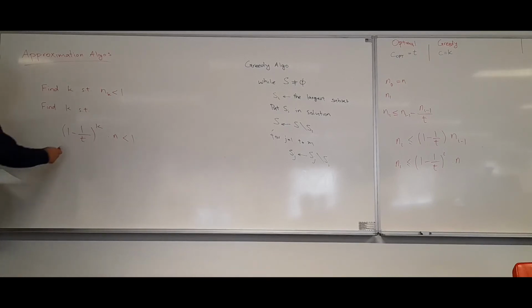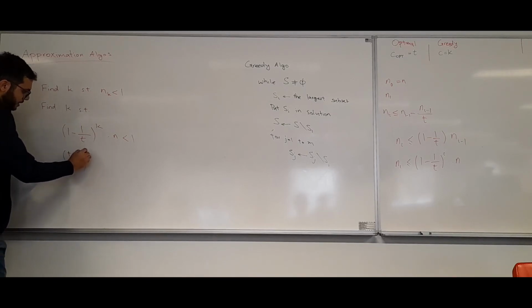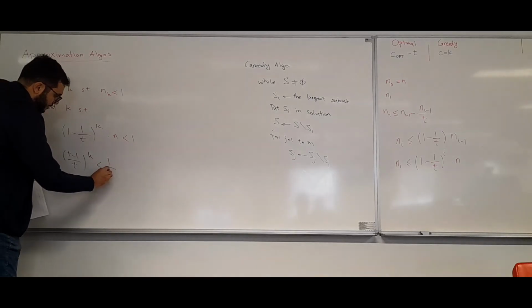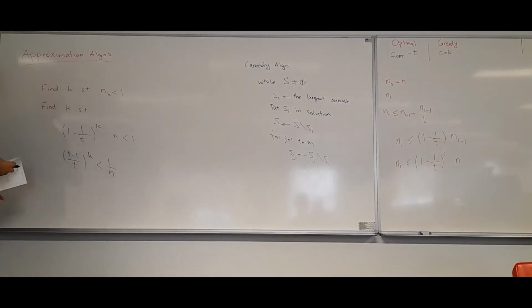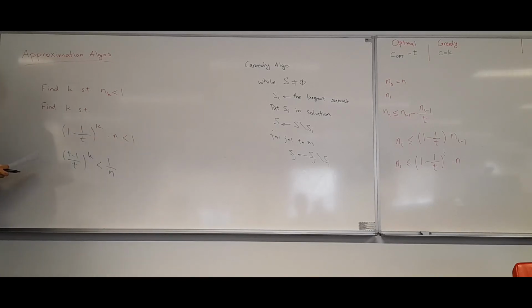So I have this thing. And let's just play with it a little bit. So this is T minus 1 over T to the power of K is less than 1 over N. Right, so I'm just expanding this part and I'm bringing the N to the other side.